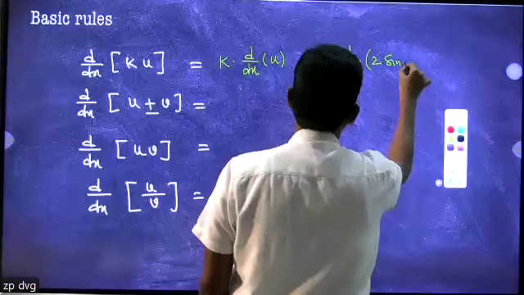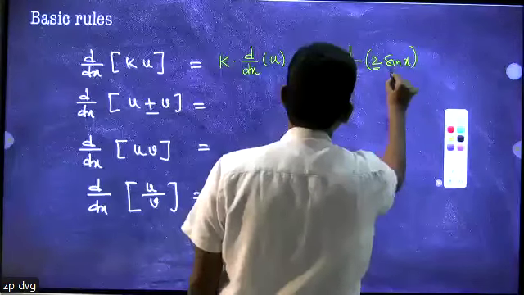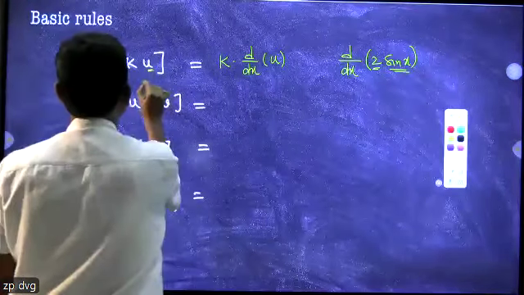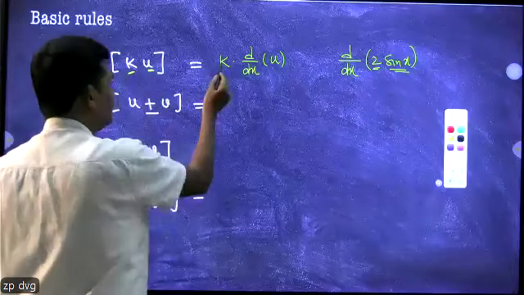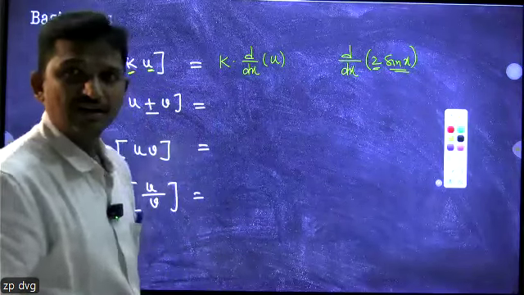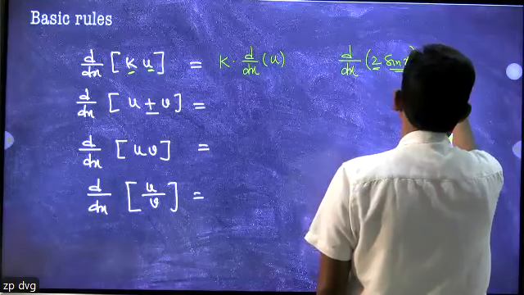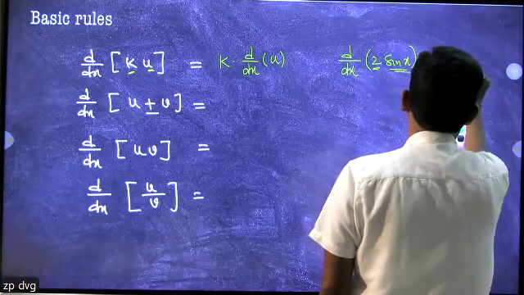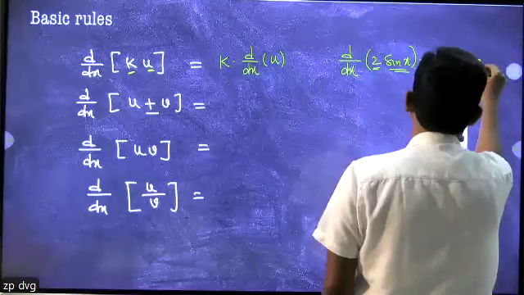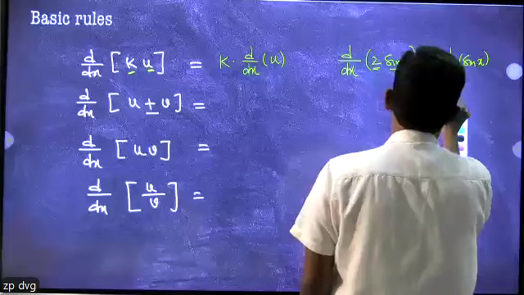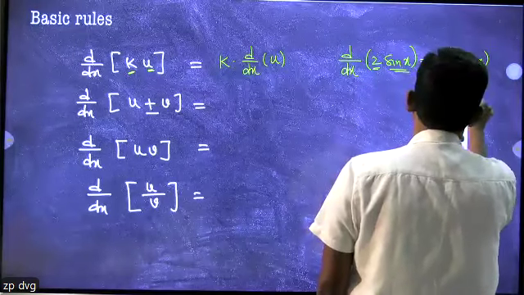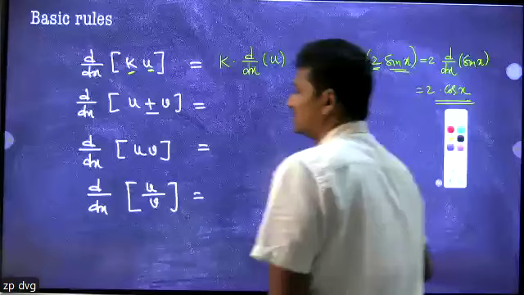Here 2 is the constant and sin x is the function. This is like Ku, K is constant, right? We can take the constant outside: 2 into d by dx of sin x. We can write like this. Further, we can differentiate: 2 into derivative of sin x, and derivative of sin x is cos x.